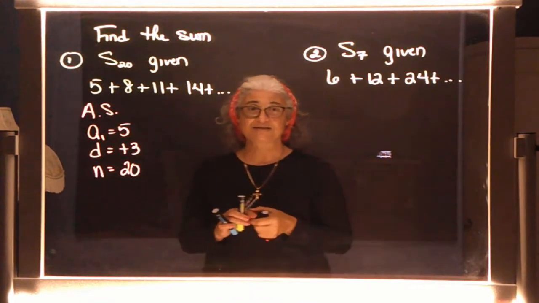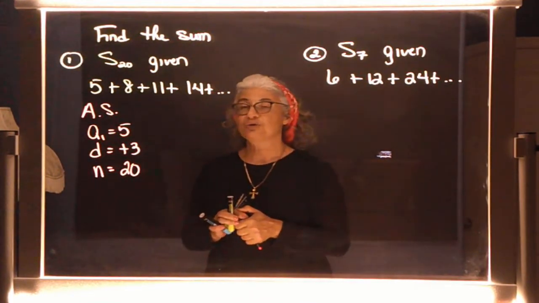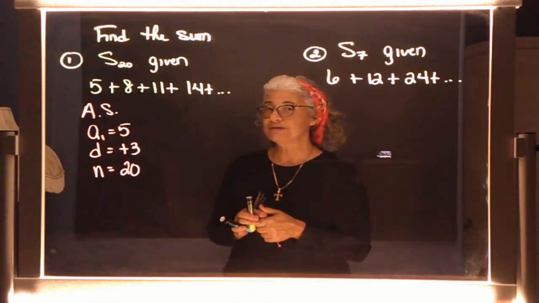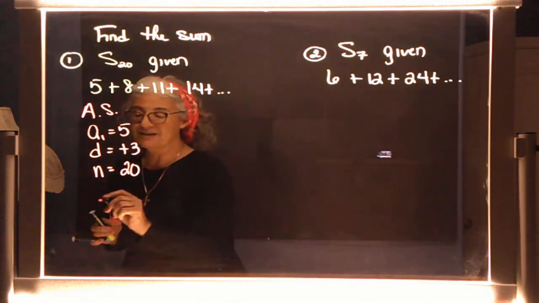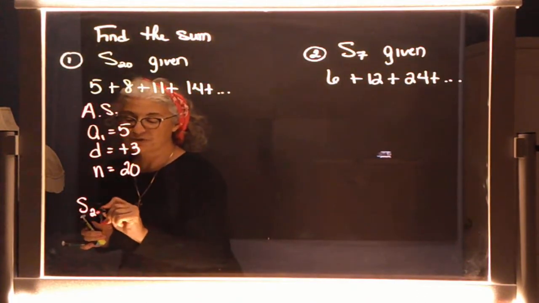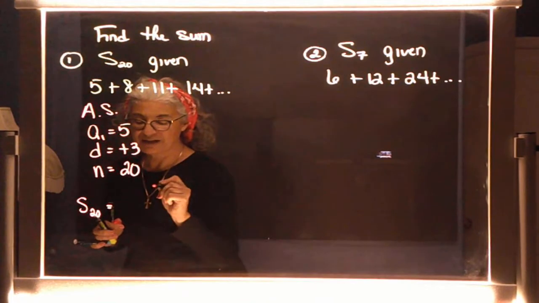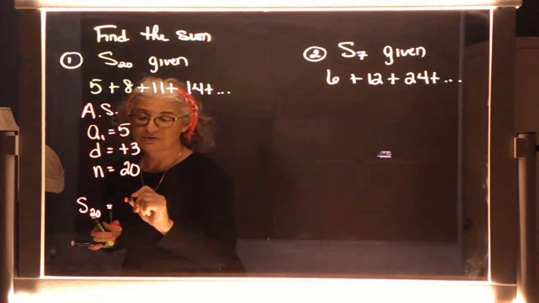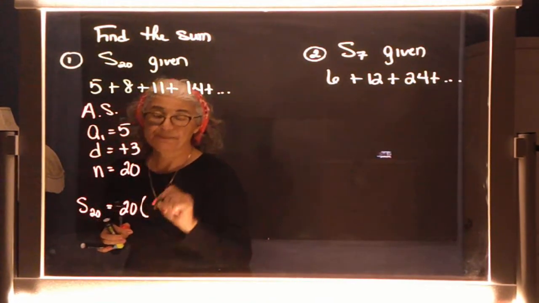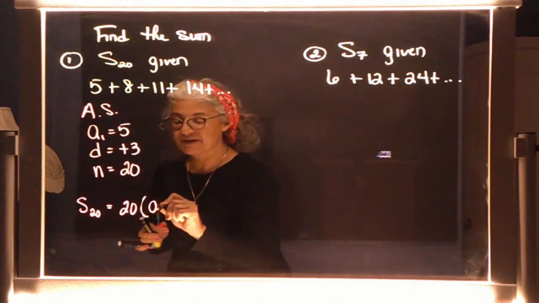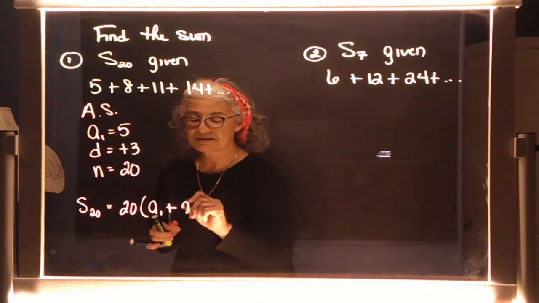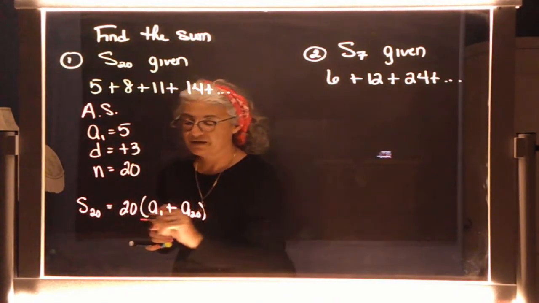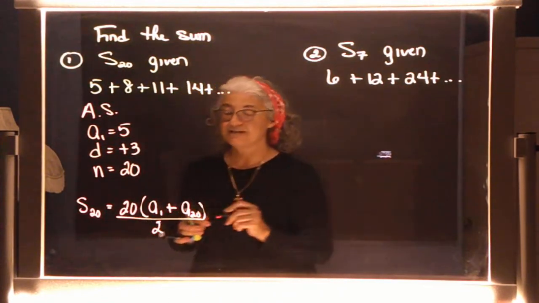Does that make sense? Okay, so now here's the deal. The formula tells me to find the sum of the first 20 terms. I have got to do n, which is 20, and multiply it by the parentheses of a sub 1 plus a sub 20, and then divide it by 2, right?